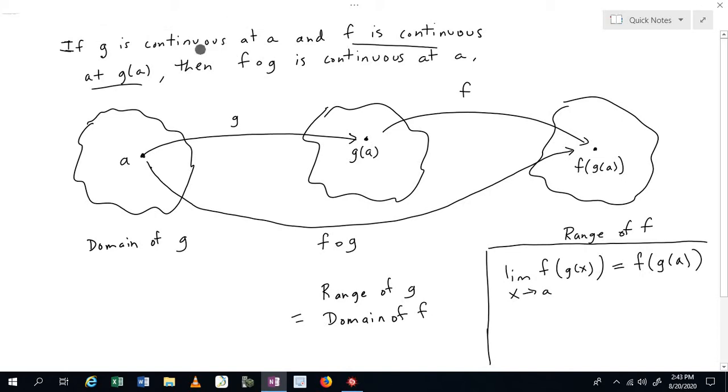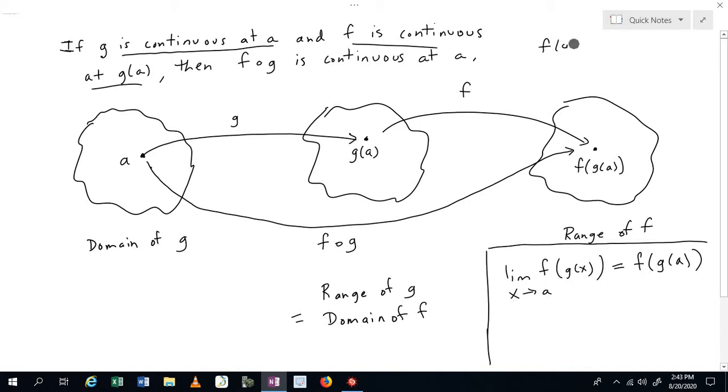As long as I know those two conditions are true, then I know f composed with g is continuous at a. And if I know f composed with g is continuous at a, then by the definition of continuity at a point, I know what this limit is equal to. It's simply f of g evaluated at a. That's the definition of continuity, right?